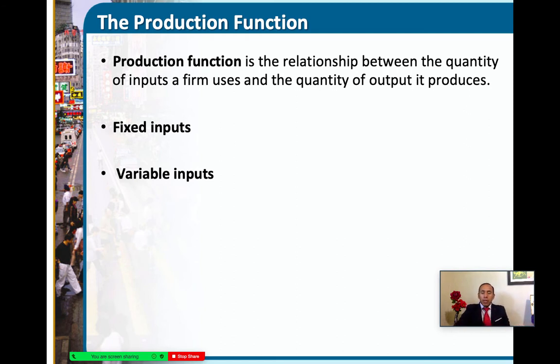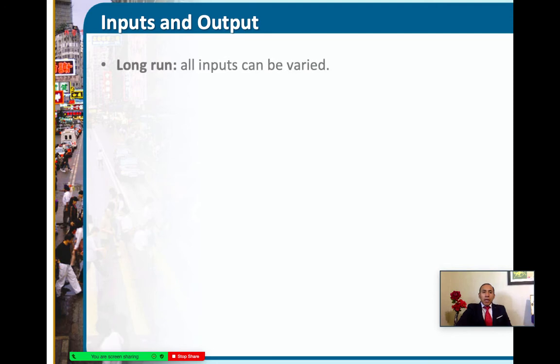So let's take a look at our simple production process if we are cultivating wheat, rice, corn, using our simple land and labor units to produce a particular good or service. Now, if we look at the long-term abilities, in the long run, the majority of the inputs can be changed and can be adjusted.